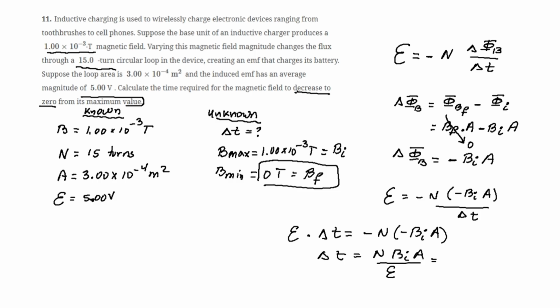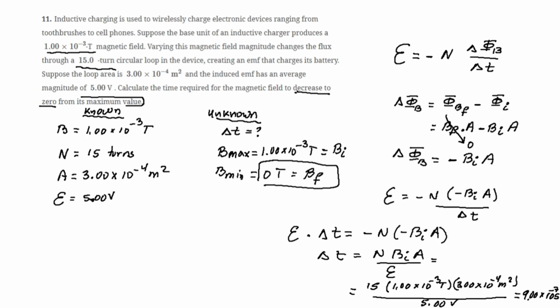So this would be N, 15 turns, times B initial, 1.00 times 10 to the negative 3 Tesla, times the area, 3.00 times 10 to the negative 4 meters squared, divided by the induced electromotive force, which is 5 volts. So this delta t, when you calculate it, is 9.00 times 10 to the negative 7 seconds.